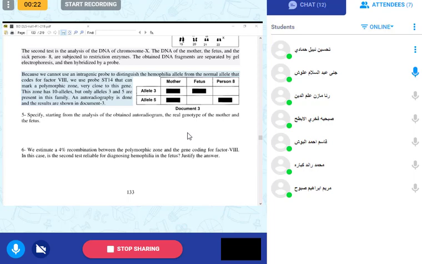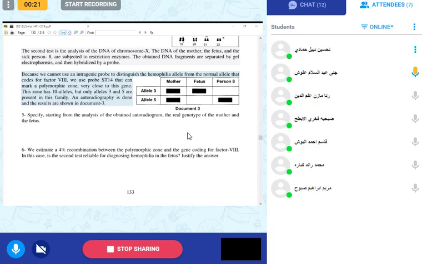Given in the pedigree that the person 8 is affected, which assures that the affected allele is allele 5. The mother has the allele 3 and 5, so the mother is normal, as represented in the pedigree, carrying the affected allele.